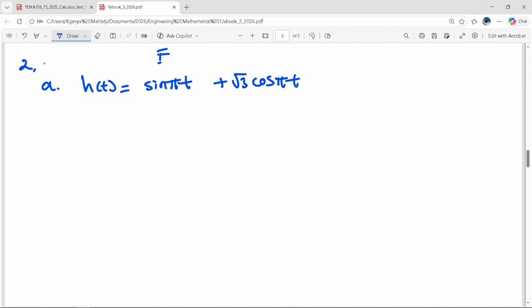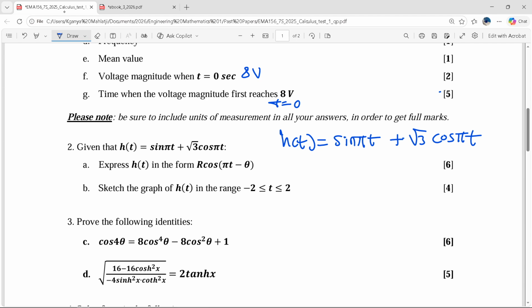Remember, engineering mathematics 1. So this question will express h of t in the form r cos of pi t minus theta.